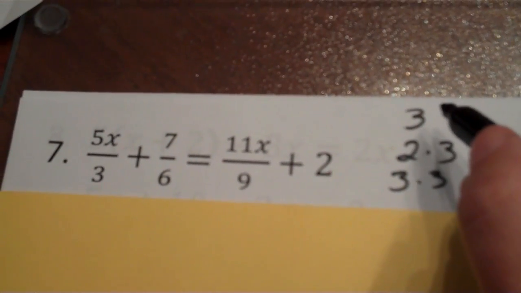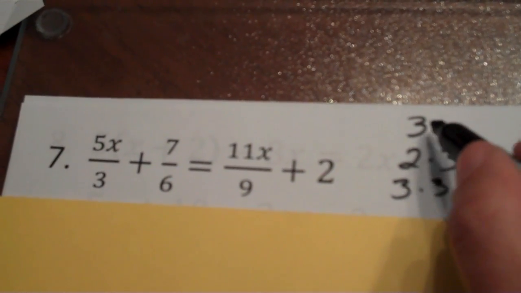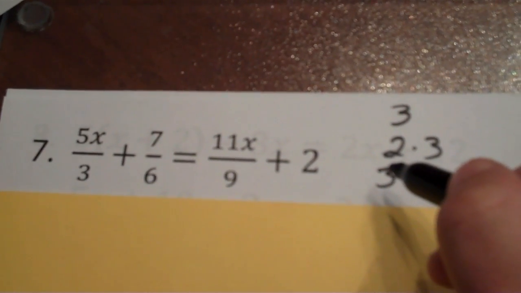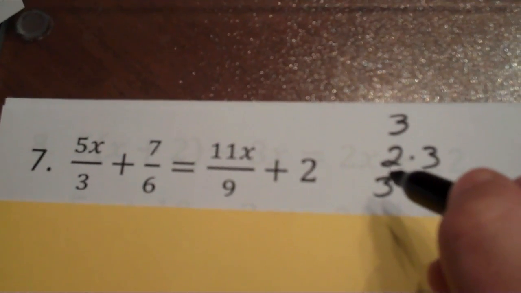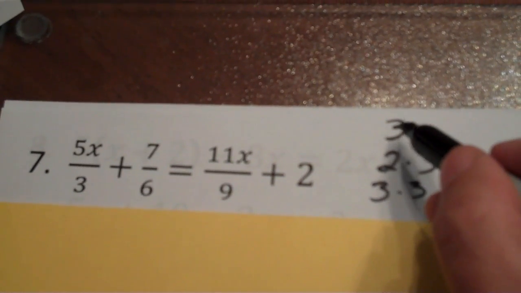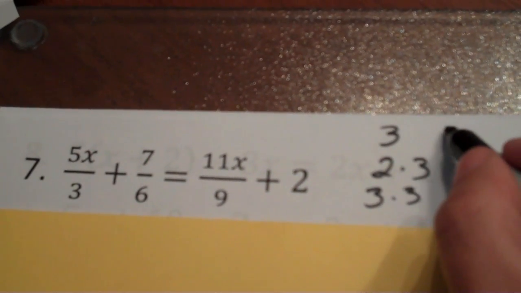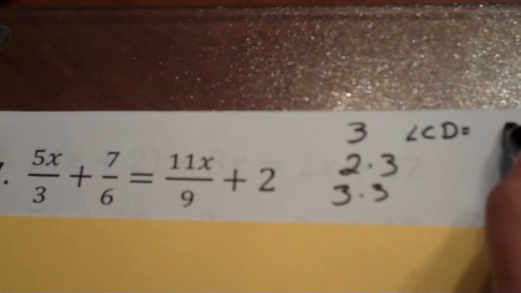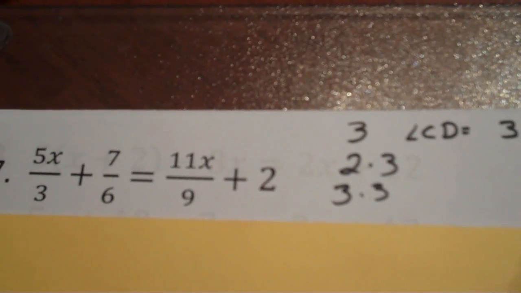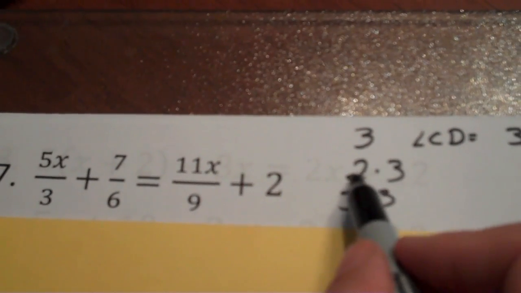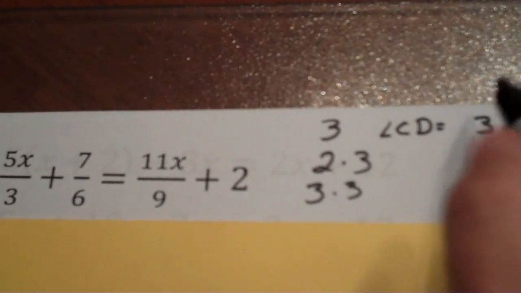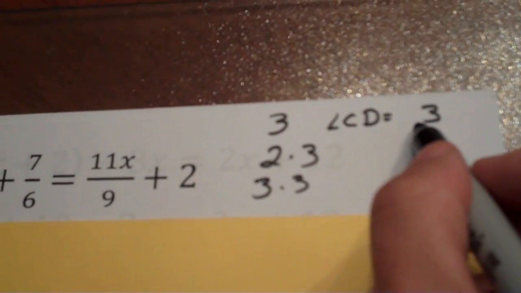So, if I want a number that all three of these numbers divide into, remember, you have to have all the factors. In other words, if I want something 3 divides into, my least common denominator must include a 3. If I want something that 2 times 3, or 6, divides into, then my list must include a 2 times 3.